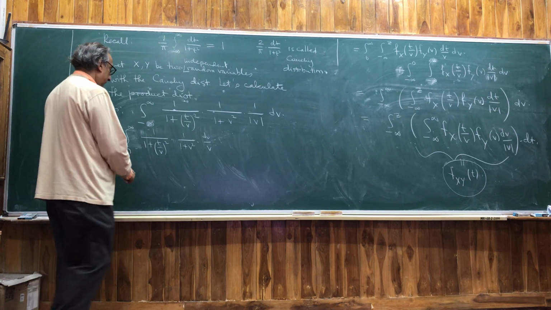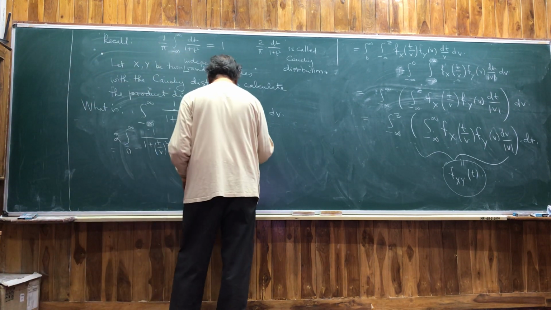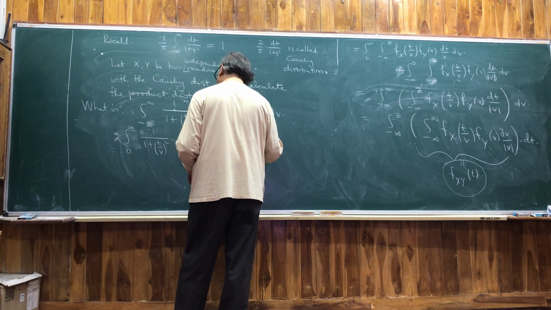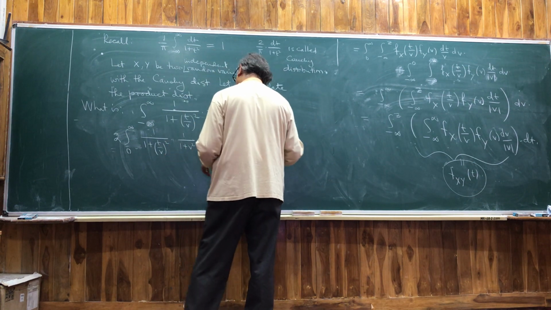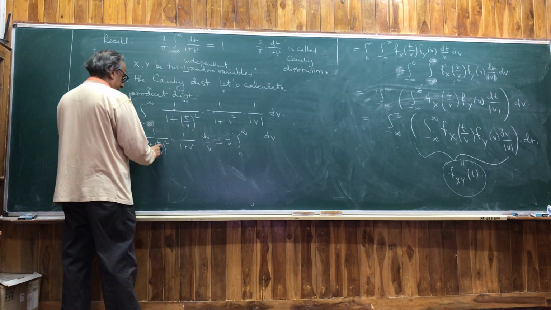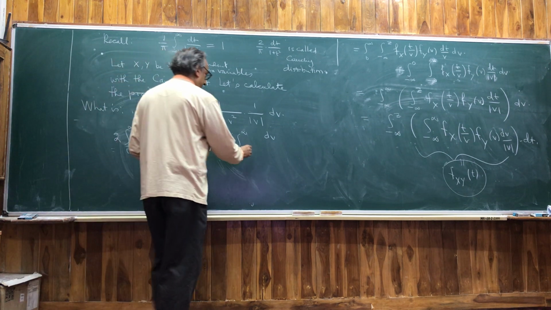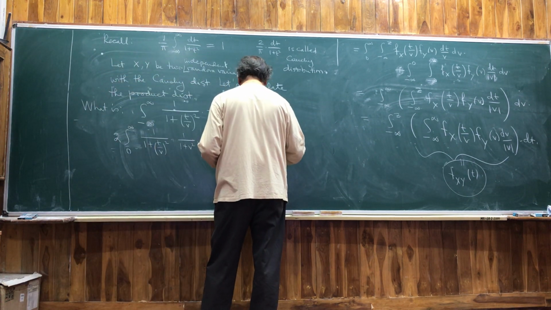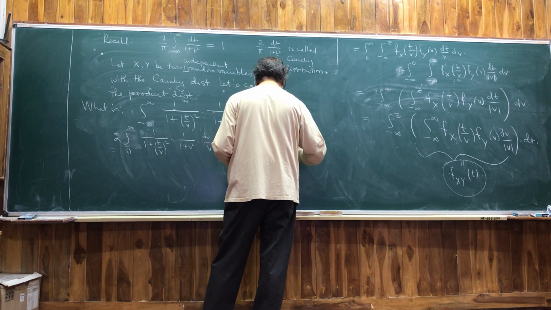So with this in hand, this becomes twice the integral from 0 to infinity of dv over v squared plus t squared, 1 plus v squared.